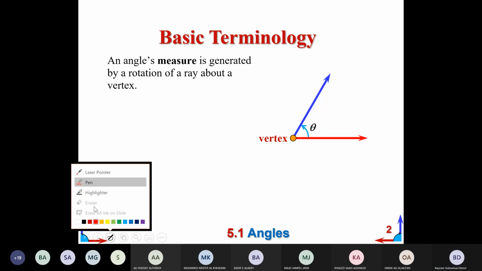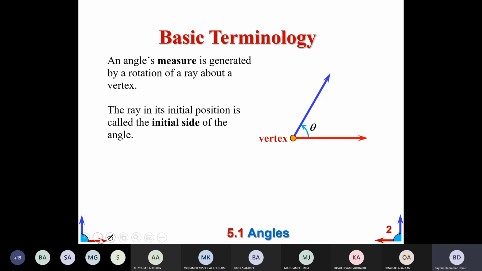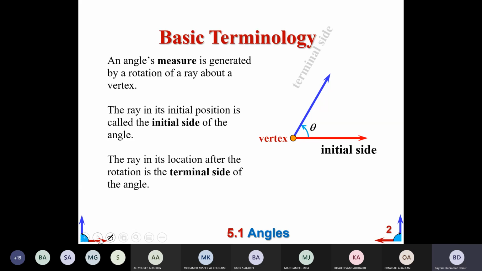The first position, which was on the red line, is called the initial side. And the last position, which is the blue line, is called the terminal side of the angle.